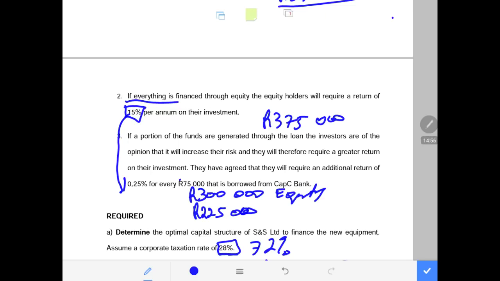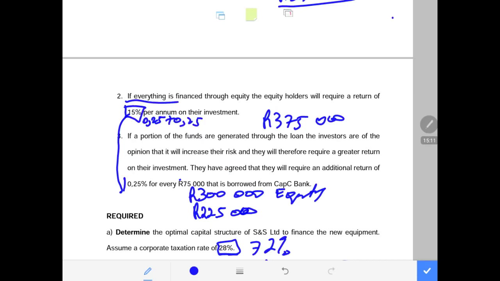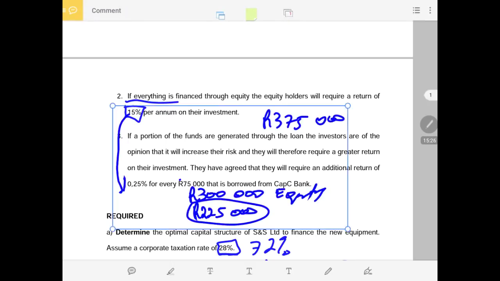So that will be 0.25 plus another 0.25, which is 0.25 multiplied by 2, meaning 15 plus 0.5. That will lead us to 15.5, in the case we opt for only taking 225,000 rands through the issue of shares being equity.